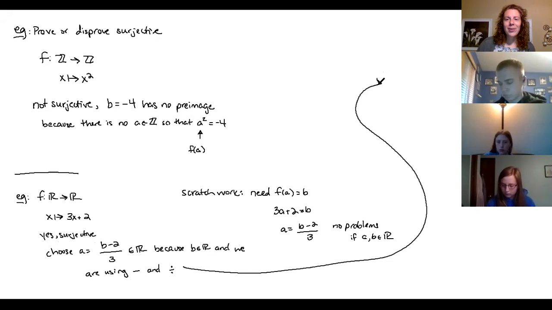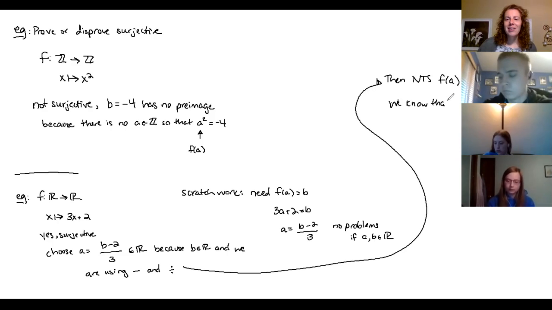Here we go. So then what we need to show is that f of a equals b. All right, this is an equation. I have yelled at you about this all semester. Start on one side, work your way to the other side. So we know that f of a is equal to 3a plus 2.